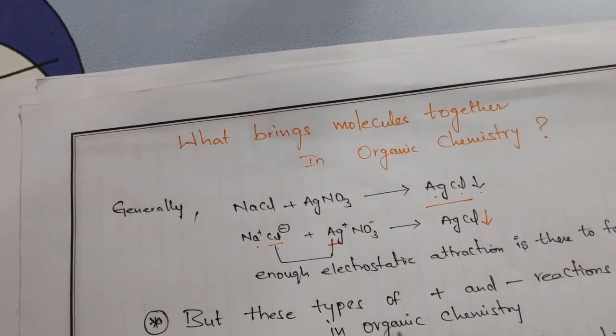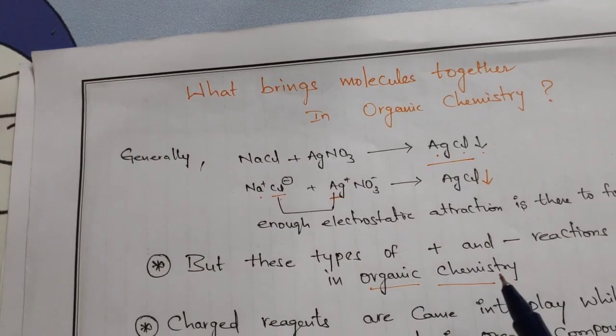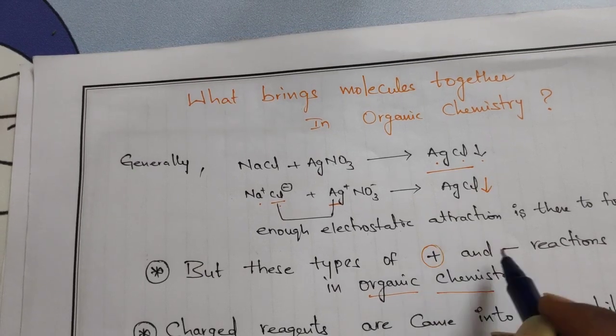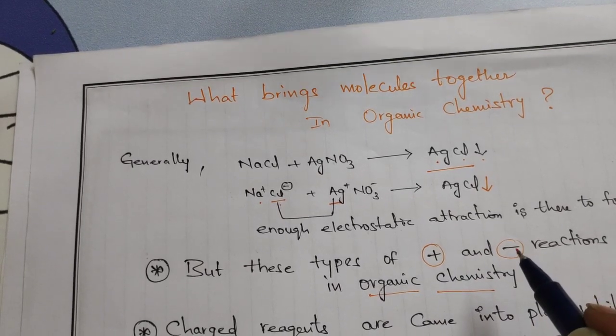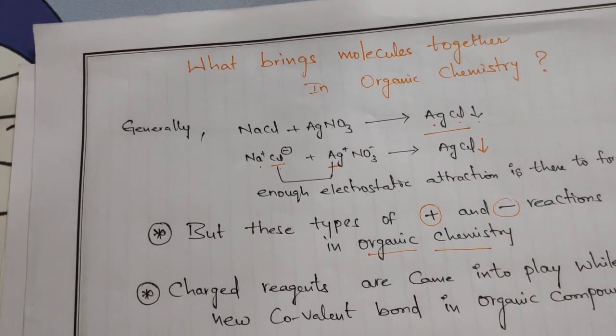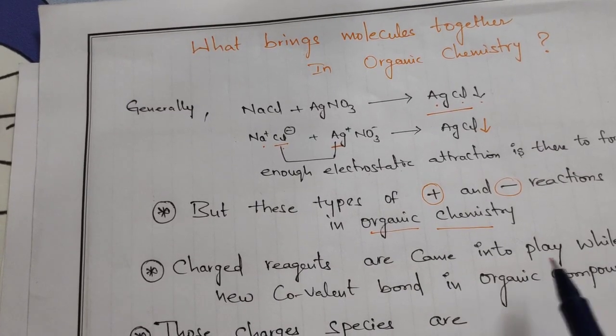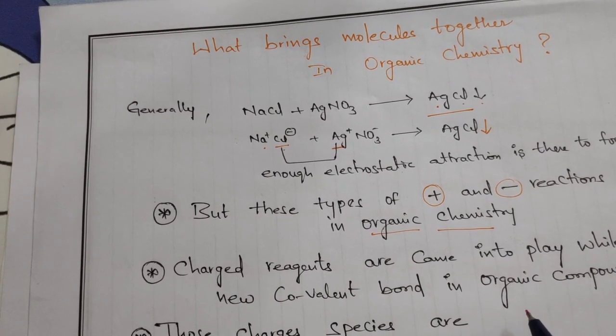But in organic chemistry, direct plus and minus, that is cation and anion, reactions are not possible. So what happens in organic chemistry? Charged reagents come into play while forming the new covalent bond in organic compounds.